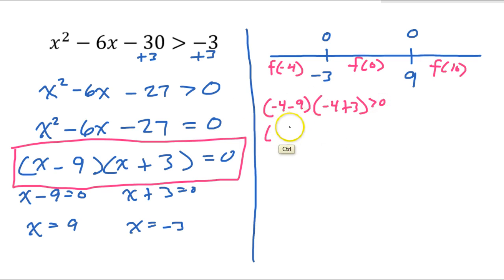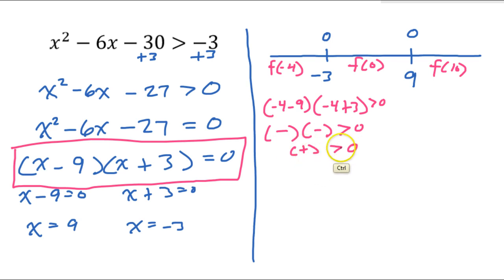Well, this would be a negative number, and this would be a negative number. But of course, what do you get when you do a negative times a negative? That's going to be a positive. So this is a true statement.